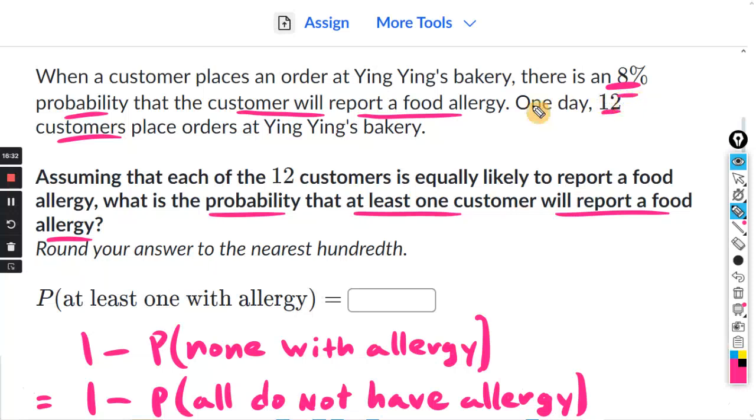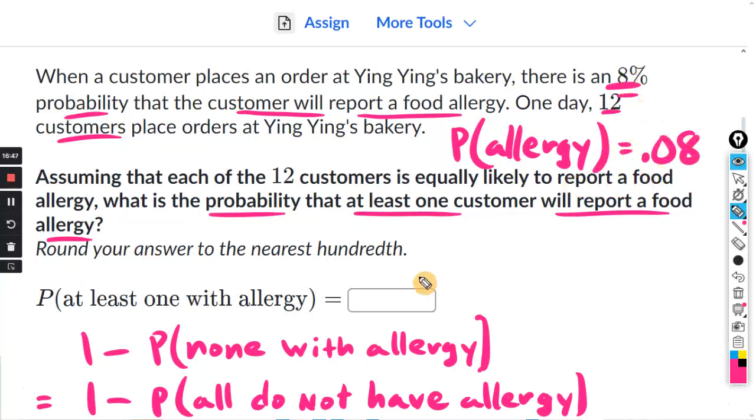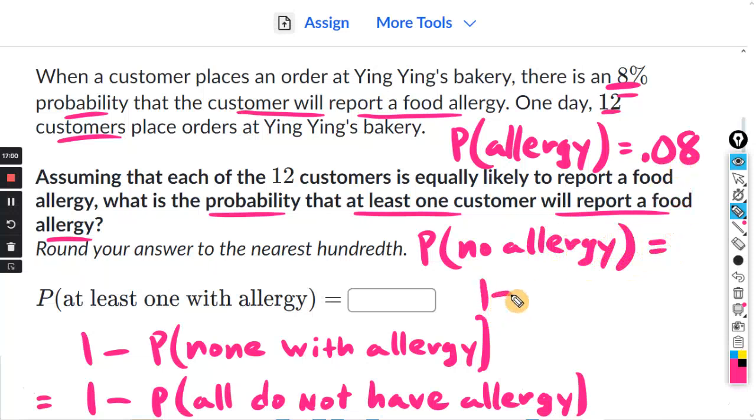So, if there's an 8% chance that the customer has an allergy, the probability of having an allergy is 8%. So that means the probability that the person does not have an allergy is going to be 1 minus 0.08.